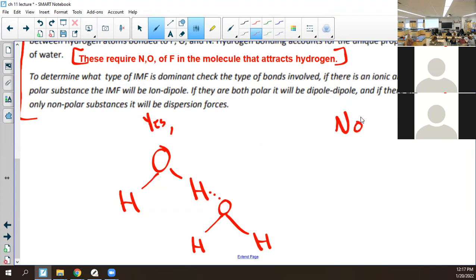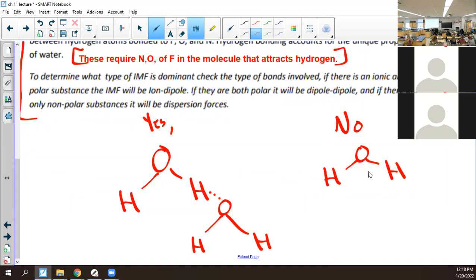But there would not be hydrogen bonding in this picture. So we would not have OH. Now, without another water molecule, there's not hydrogen bonding. This is just a polar covalent bond so far.